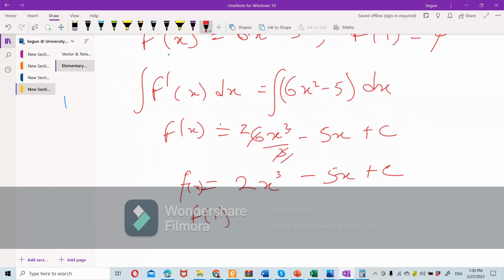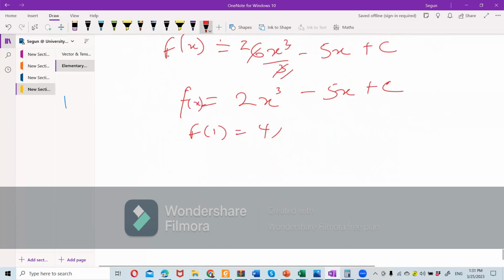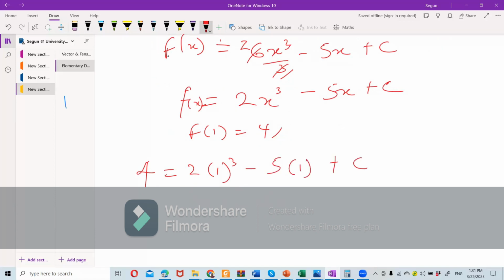So f of 1 equals 4. So put the 4 here: 4 equals 2 of 1 cubed minus 5 of 1 plus c. 4 equals 2 minus 5.